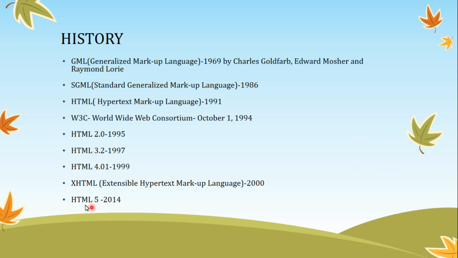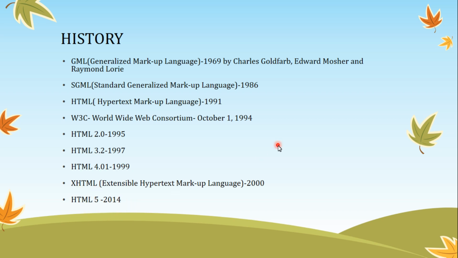XHTML had those coding capabilities, and its first version came out in 2000, but it was a huge flop. There were some serious problems for which XHTML was brought down, and again HTML5 was launched in the year 2014.